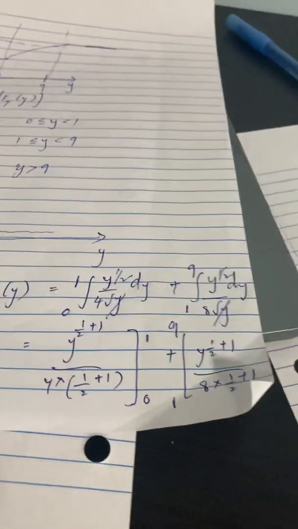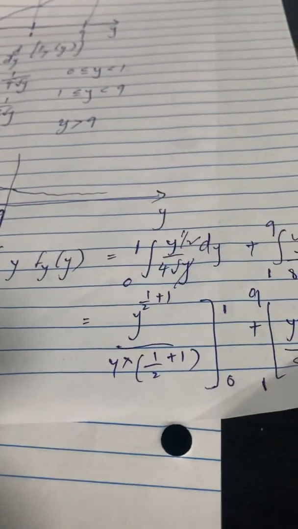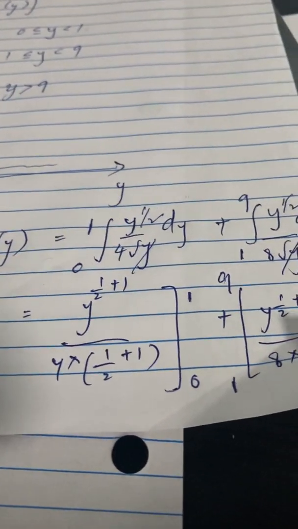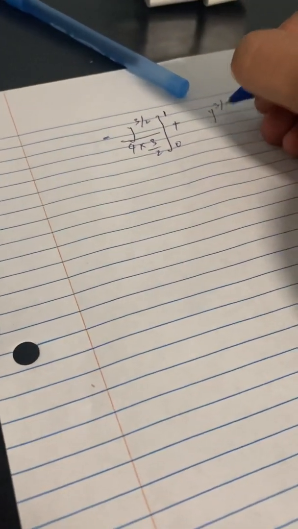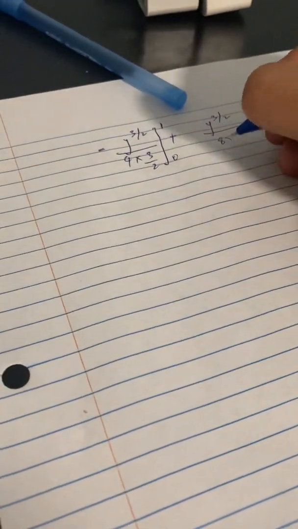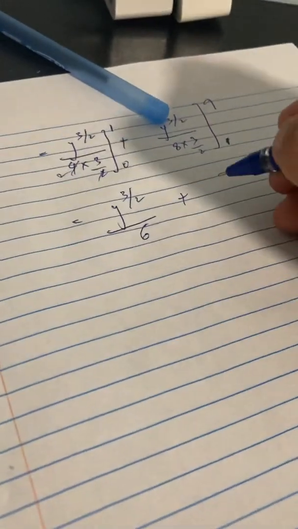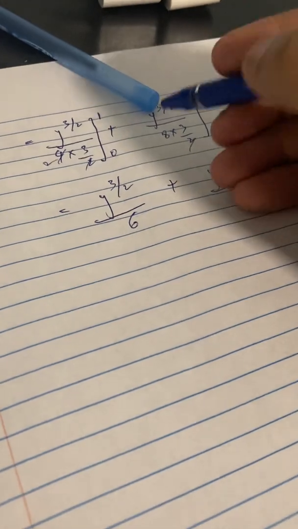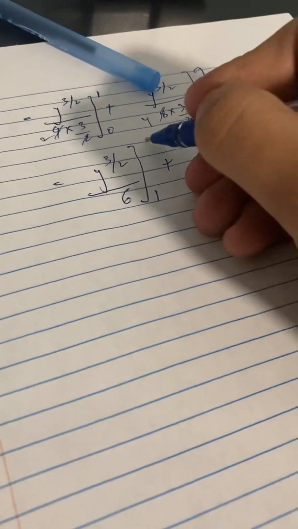So let us calculate this. This turns out to be y to the power of 3 by 2 by 4 into 3 by 2 between 0 and 1, plus y to the power of 3 by 2 by 8 into 3 by 2 between 1 and 9. So y to the power of 3 by 2 by 6, plus y to the power of 3 by 2 by 12, between 1 and 9.